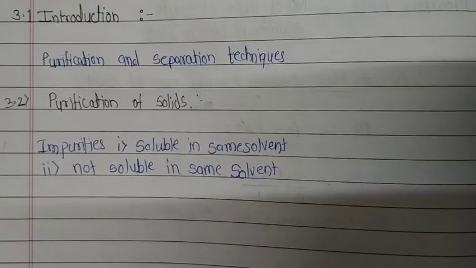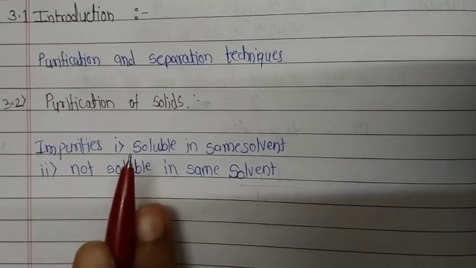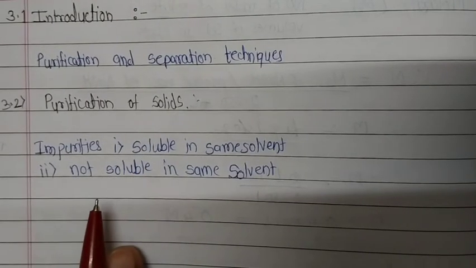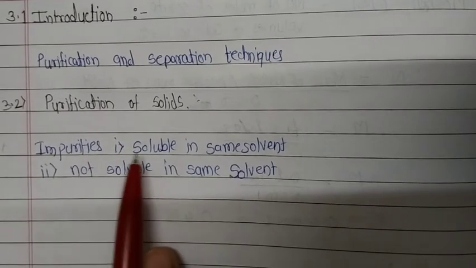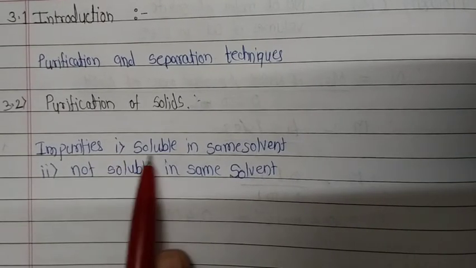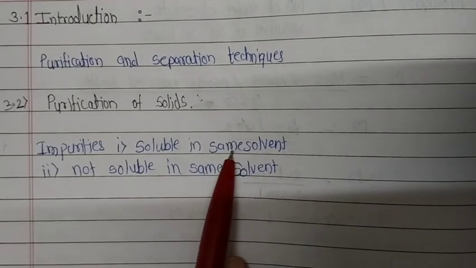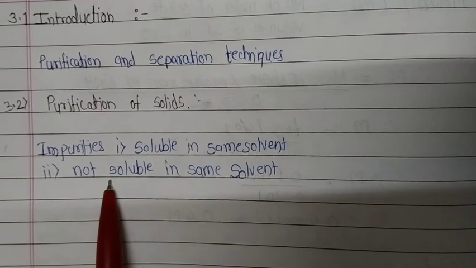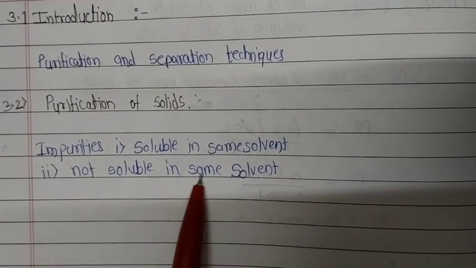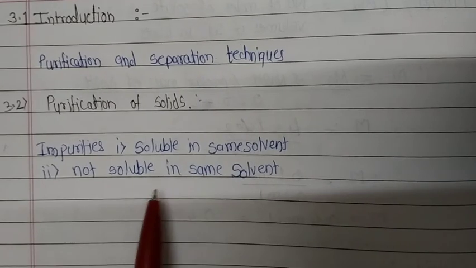The next point is purification of solids, in which a solid substance may contain two types of impurities. First, those which are soluble in the same solvent as the main substance, and second, those which are not soluble in the same solvent as the substance.